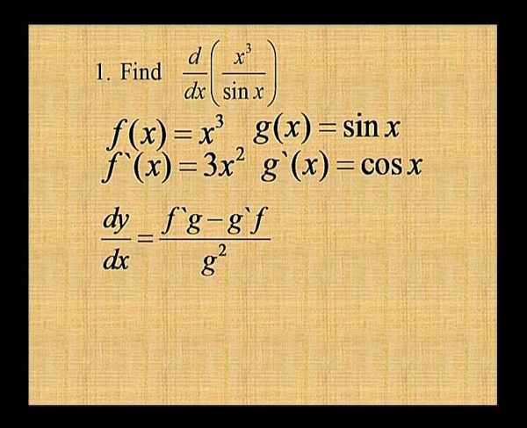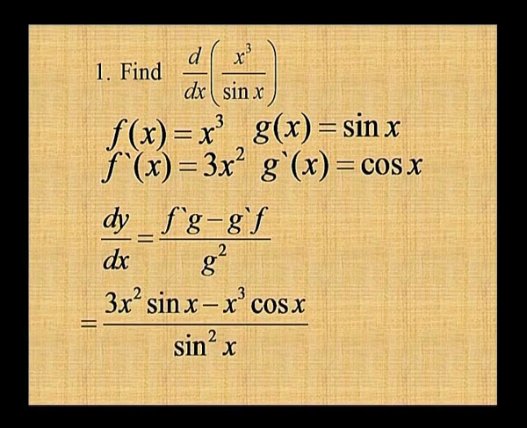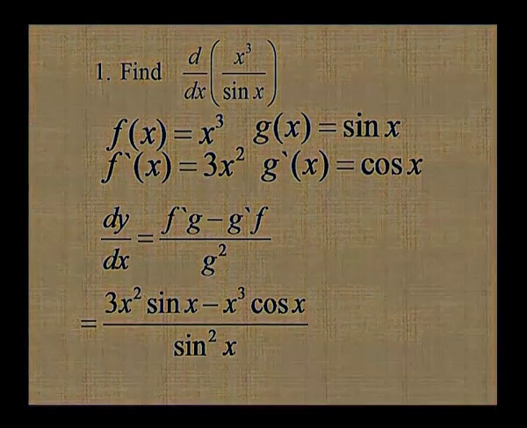By Leibniz notation, dy by dx is equal to f dash g minus g dash f upon g square. Putting in the values of f x, f dash x, g x and g dash x, we get 3x square sin x minus x cube cos x upon sin square x.